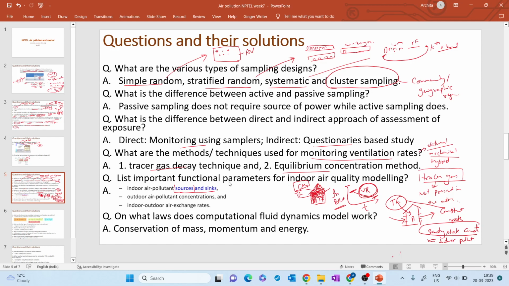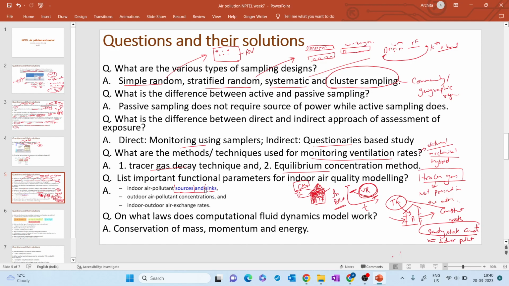Is it paints, the kitchen, the stove, a chula, the deodorants that you use, or flower pots and plantation which have a lot of pollen? So you need to know the sources of indoor air pollutants.